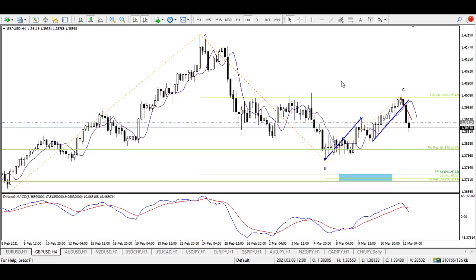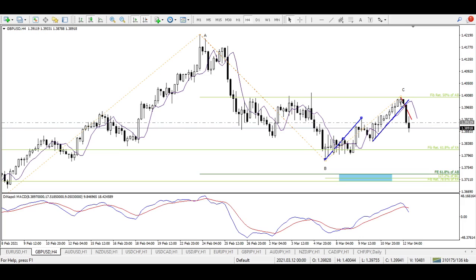So we should place our SL 2-3 pips further beyond point C. So point C is 1.4004 plus 2 pips spread, plus let's say 3 pips for the difference between the prices of the brokers. So 1.4010 or 1.4007, that will be your SL if you want to place the SL and do not want to watch the market.